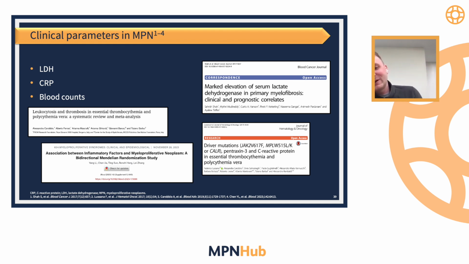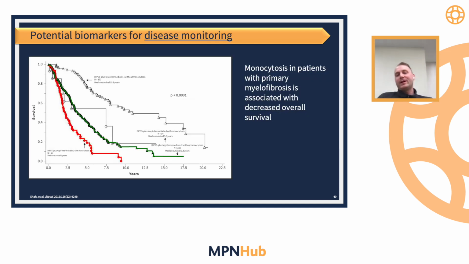So as I mentioned now, monocytes itself seems to be a biomarker for an increased risk. So what you see here now is a very beautiful abstract from ASH 2016. So you see here now PMF patients categorized in different DIPSS risk categories. And you see in green, so I adapted the figure a little bit, PMF patients with a high DIPSS score without monocytosis.